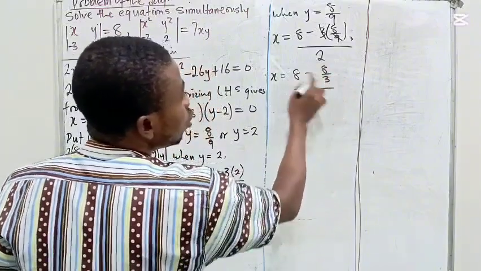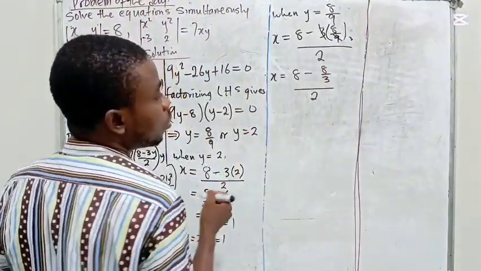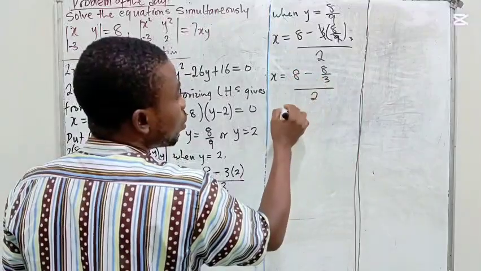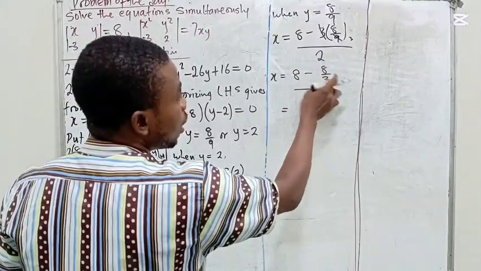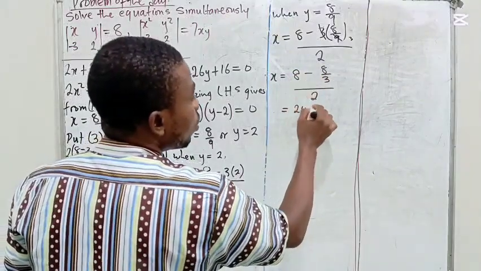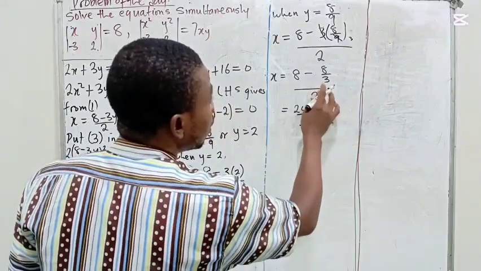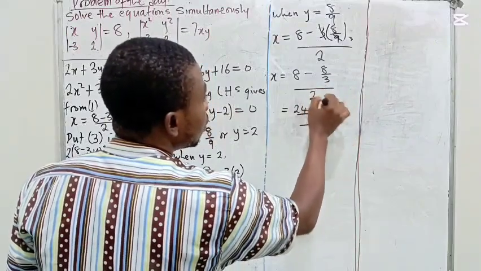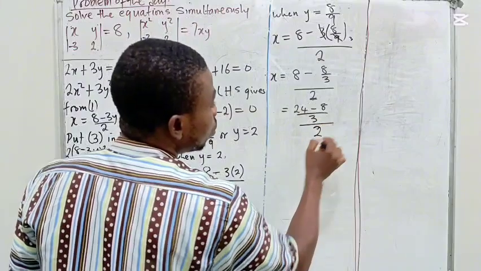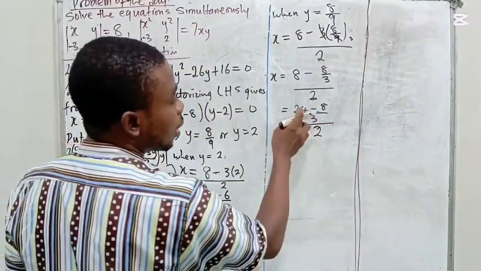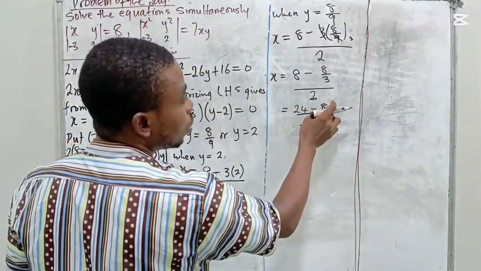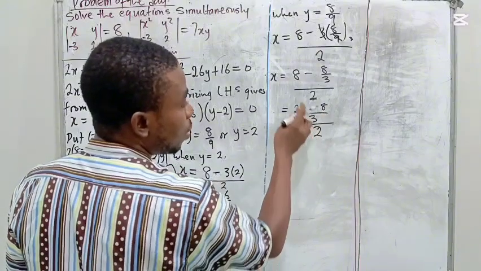Let's simplify the numerator. Look for the LCM. 8 times 3 is 24, so 24 minus 8, all over 3, all over 2. What is 24 minus 8?